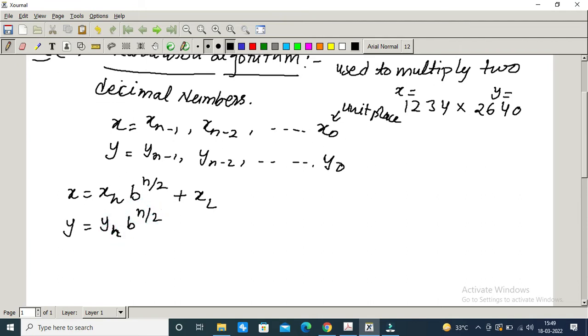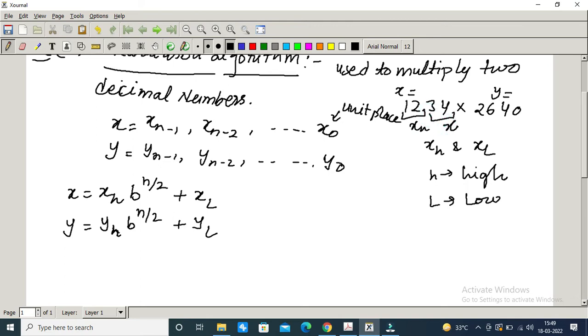Don't confuse h with n. So this is xh, this is xl, this is yh, and this is yl.